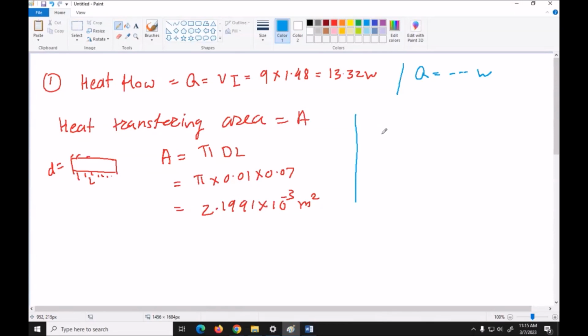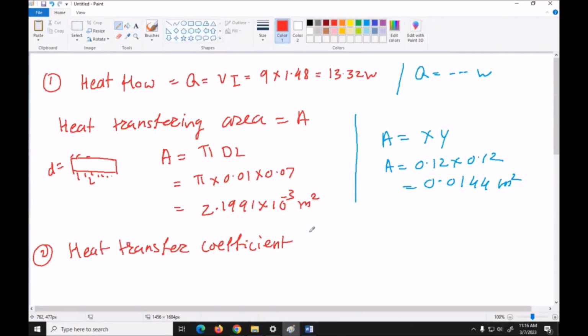For flat plate, area is equal to x into y. Area is equal to 0.12 into 0.12, which is equal to 0.0144 meter square.